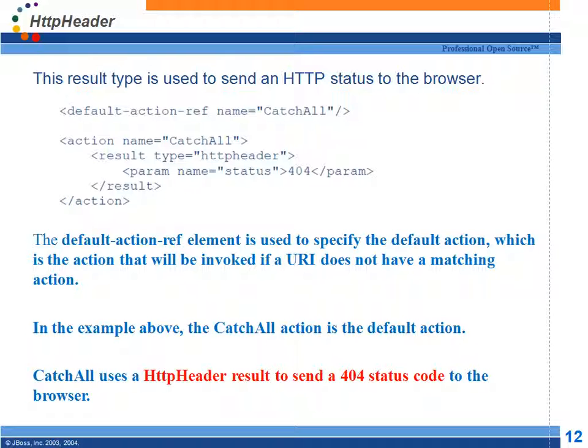Right? Whenever you call this action, if the execute method returns a result of this type, then the 404 error will be shown. This is the use of a result type called HTTP header. You can pass any HTTP header.